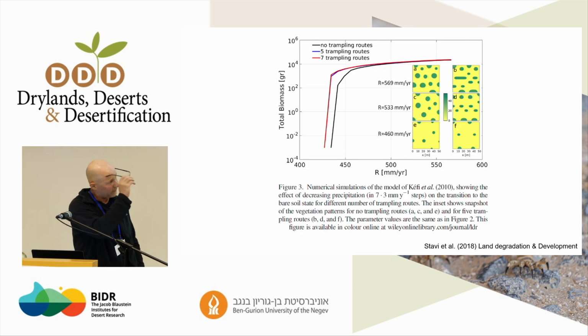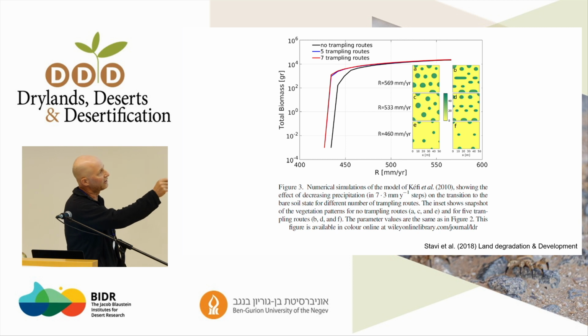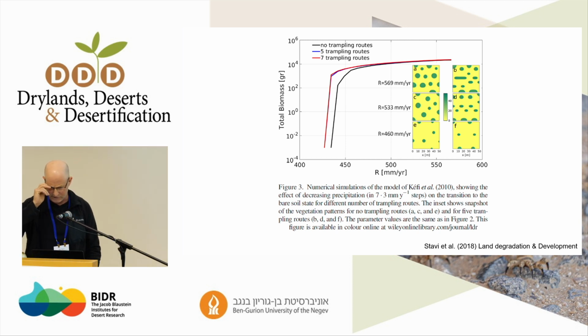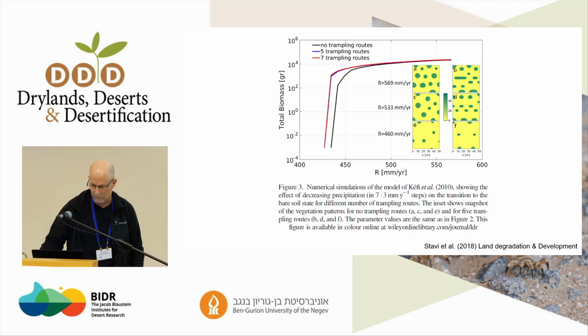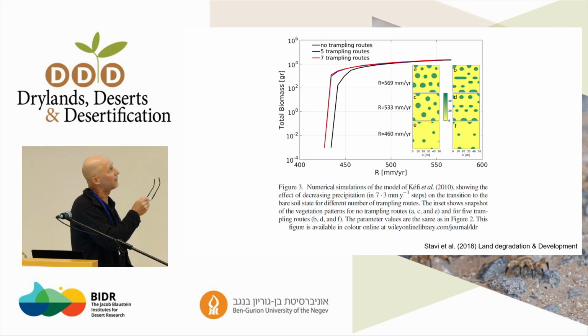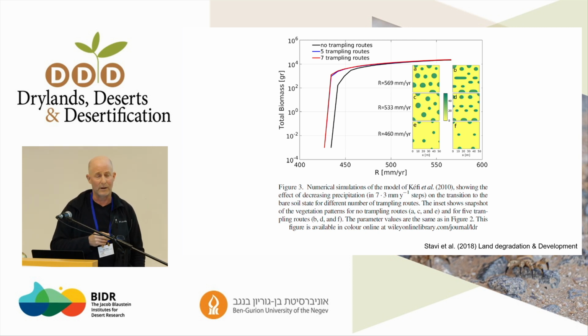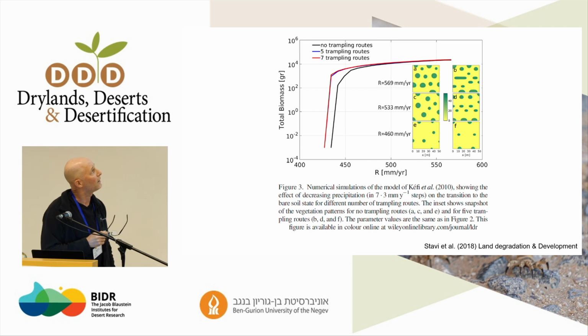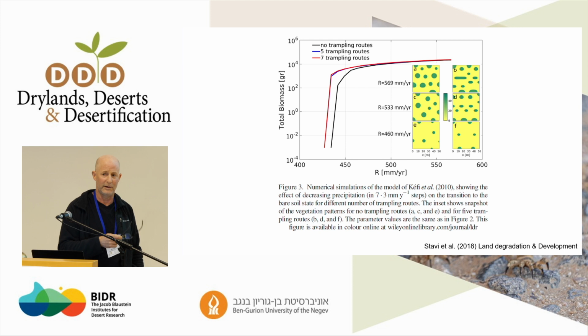And also here we see where precipitation decreases from right to left and how it affects the shrubby vegetation. Here the first two to collapse are the systems without trampling roots in black, while the systems with trampling roots, in red and blue, do collapse, but only later on.